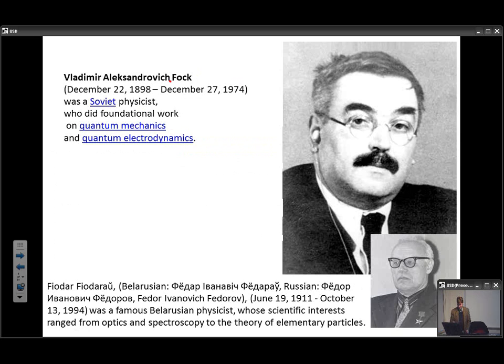And another person that contributed to developing Hartree-Fock theory emphasized that it should be a specific usage of Slater determinants rather than simple products of orbitals. And I have a very tiny relation to this person.